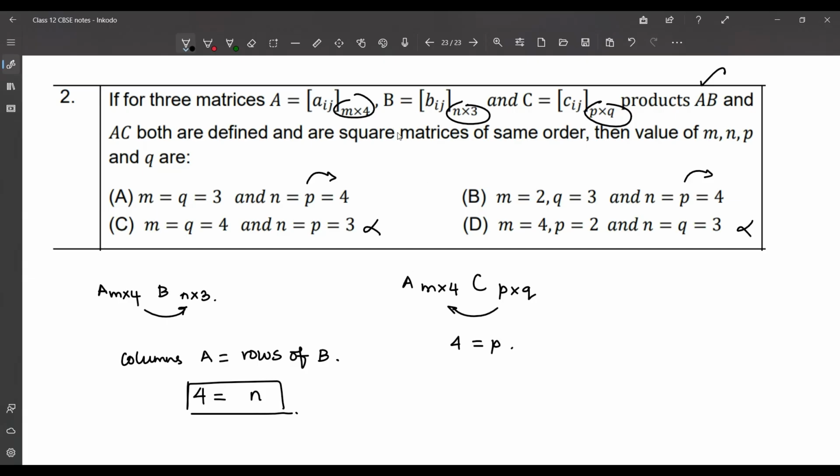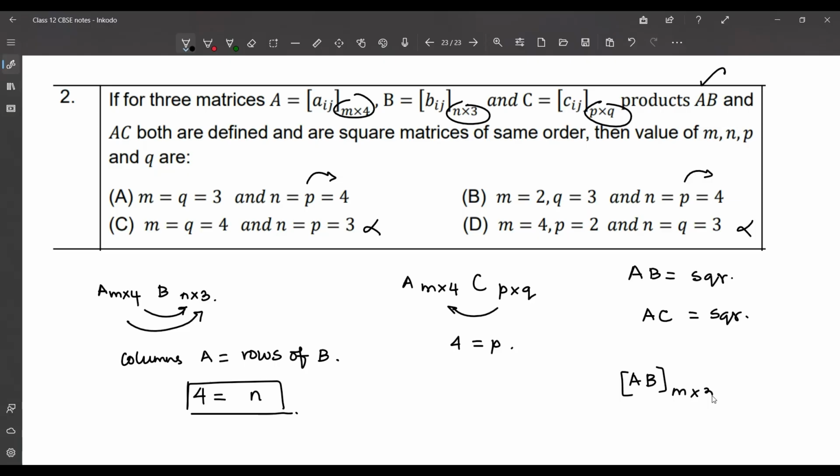And square matrices of same order. So AB and AC are both defined. Okay, so AB becomes a square matrix and AC also becomes a square matrix of same order. Now the order of AB would be m cross 3.